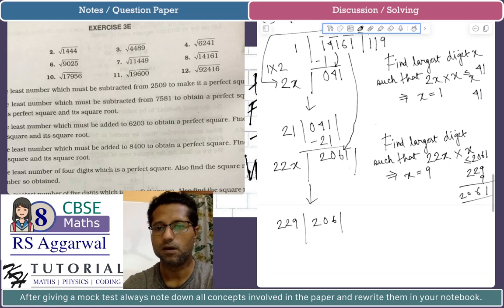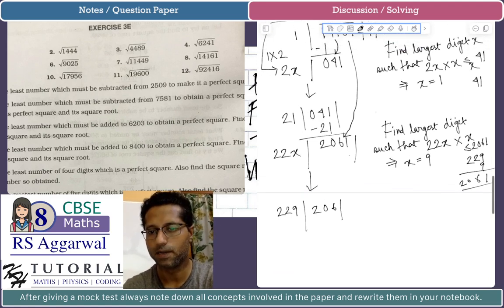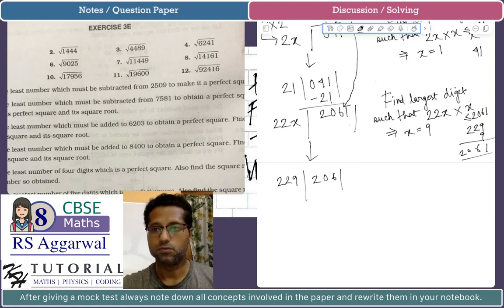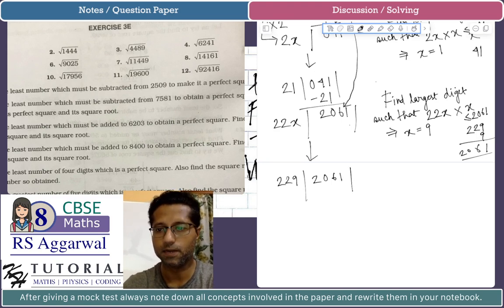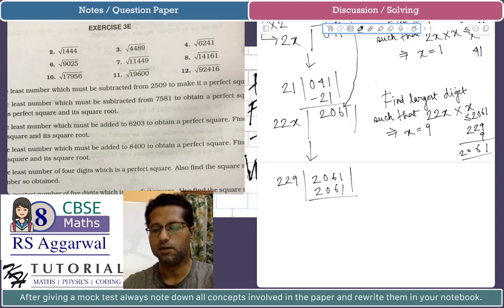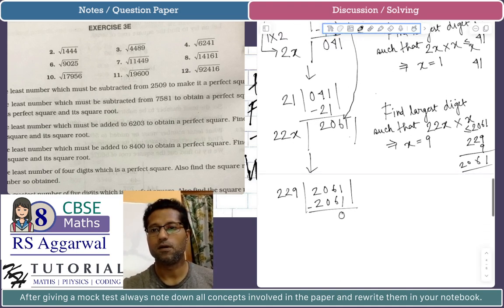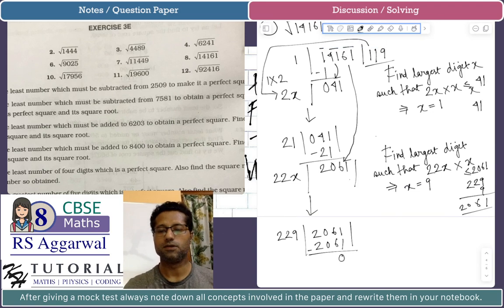When 229 is multiplied by 9, we are getting 2061, so the remainder is becoming 0, and there are no more periods left. So the answer is 119.